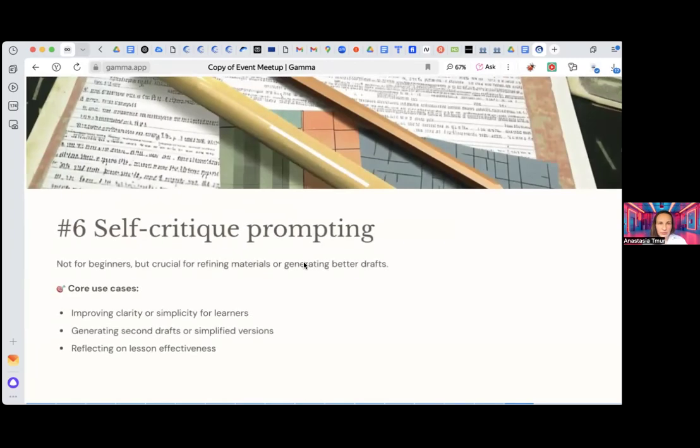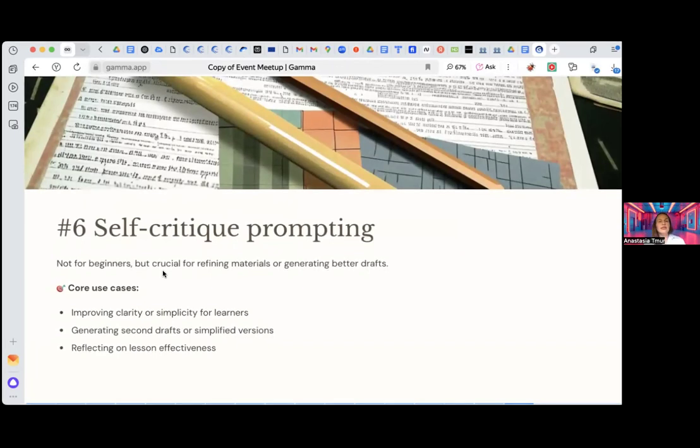The next one, and the last one, I think, is self-critic prompting. It is not for beginners, but it is fun and nice. So when you have done your material, you may upload it into the AI and ask it to give you feedback about this material.